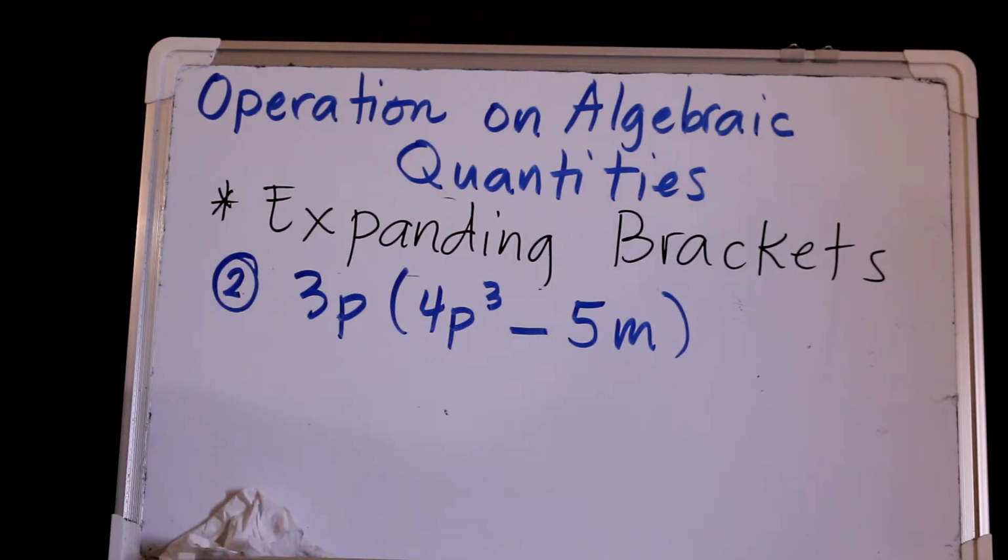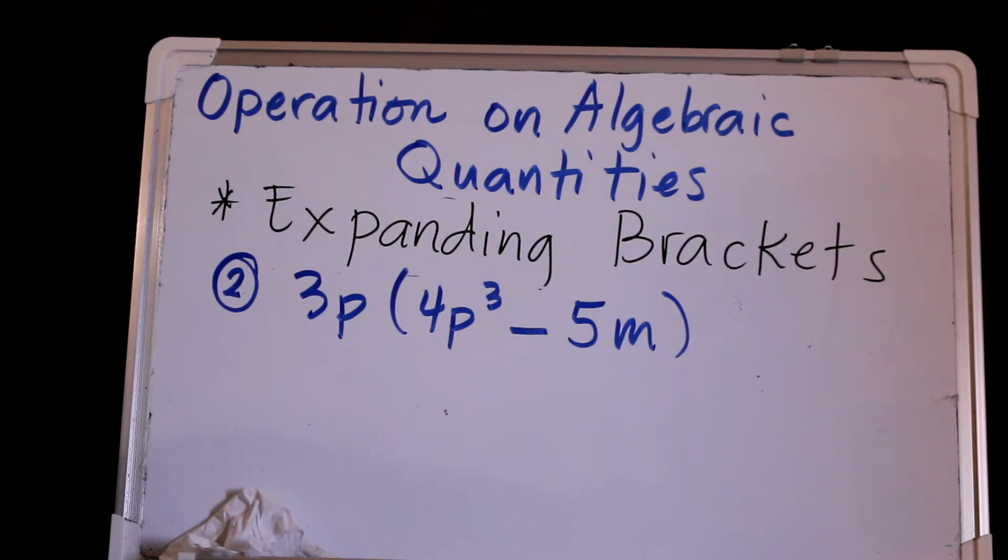If they have a power of 2 or a power of 3, then you have to arrange it accordingly, from the highest power down to the lowest one.